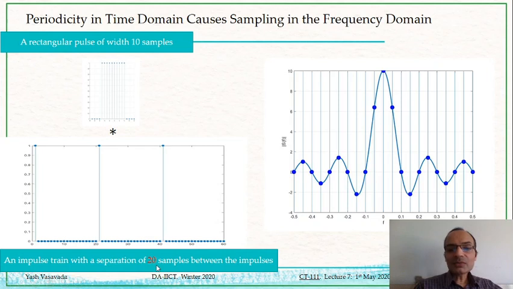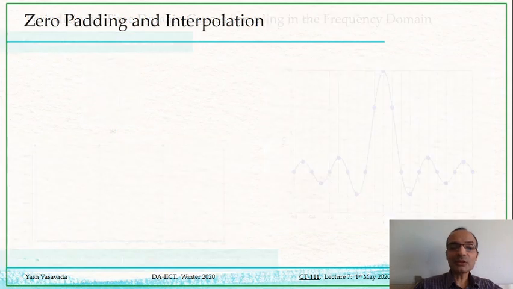But when this 20 becomes 200, over here the impulses which are 0.05 apart, they will become 0.005 apart. So there will be so many samples of this continuous Sinc shape frequency response that we'll be getting. It is as if we'll be interpolating between these blue dots, and we'll be getting finer and finer resolution of this Sinc shape function in frequency domain.